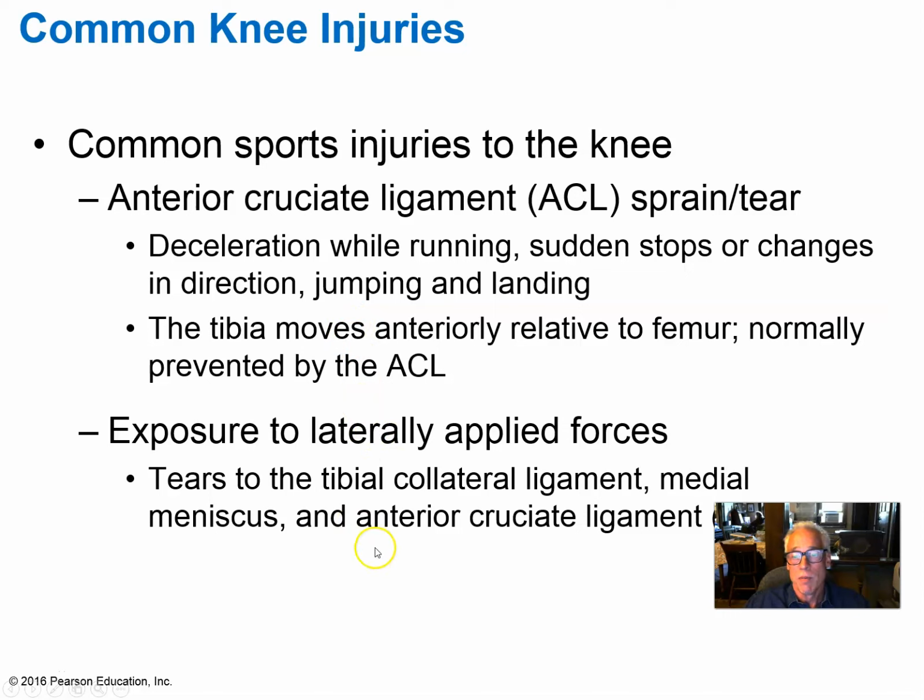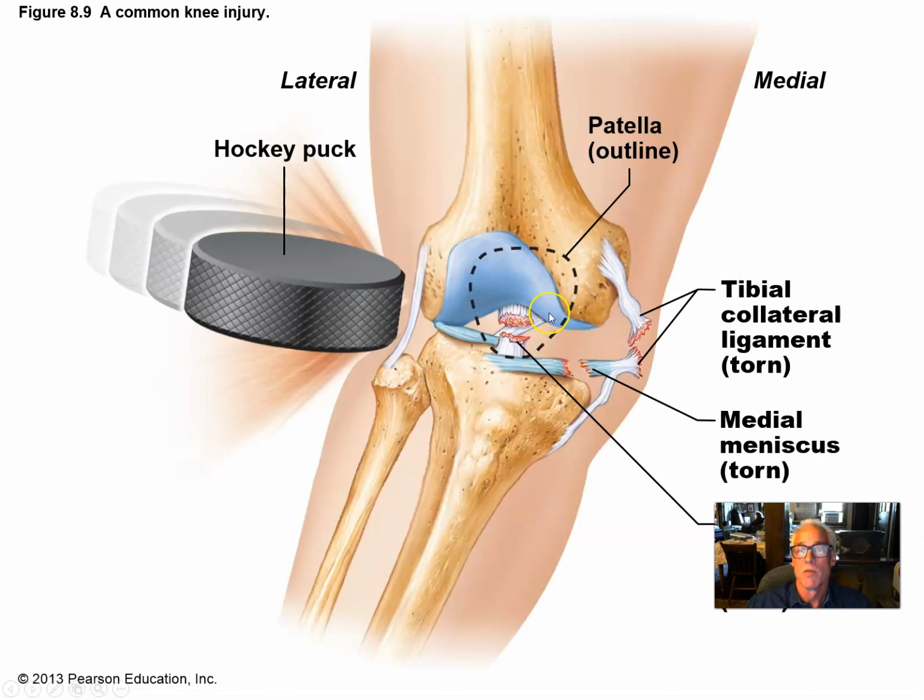If laterally applied forces strike the knee joint, pushing the knee medially towards the midline of the body, then multiple injuries can take place in the knee. This is a pretty common injury in sports like football, where there's a lot of body contact.